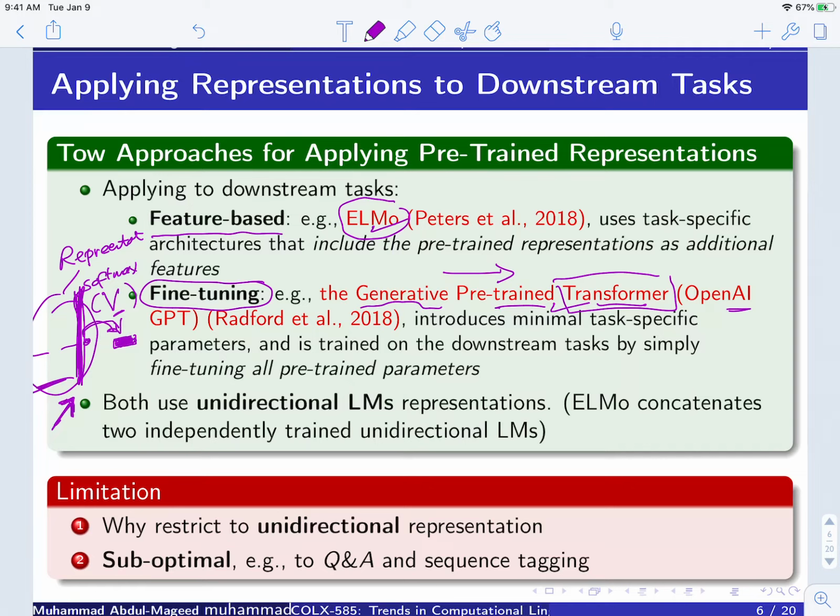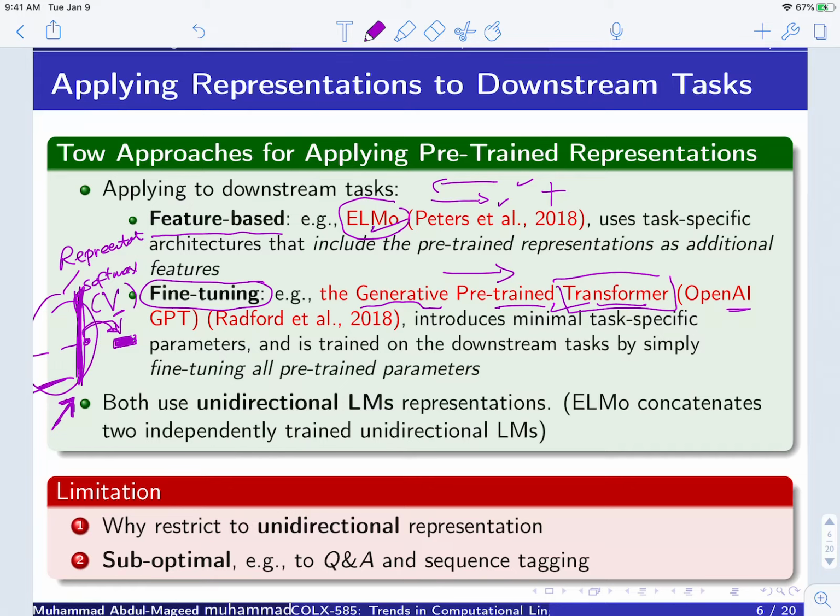It's a unidirectional transformer. ELMo is trained with a BiLSTM, but really it's a superficial BiLSTM. So we have a left to right and a right to left, and each of them is trained independently, and they are just concatenated after training.